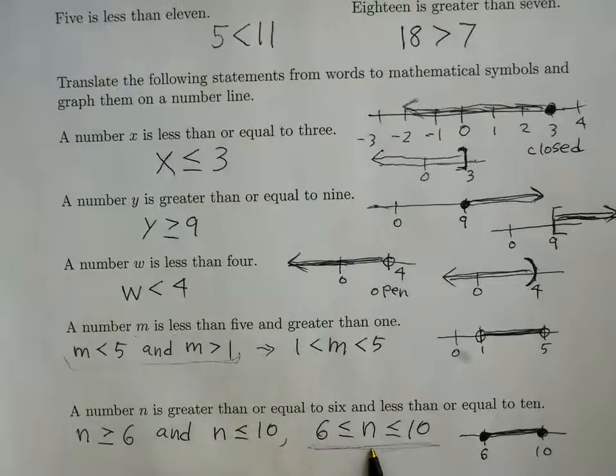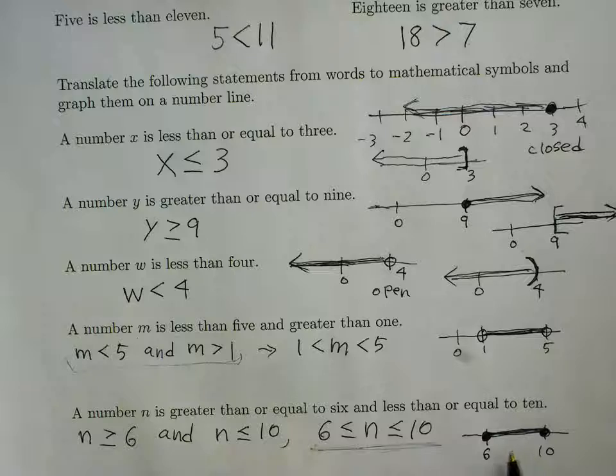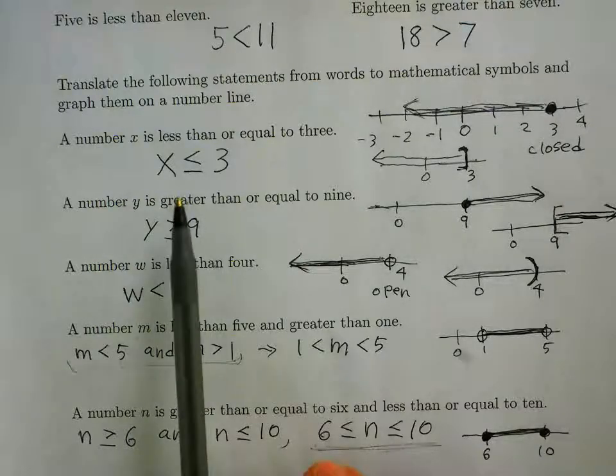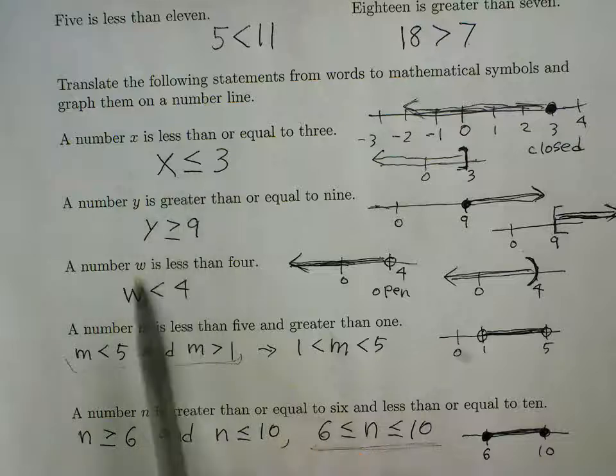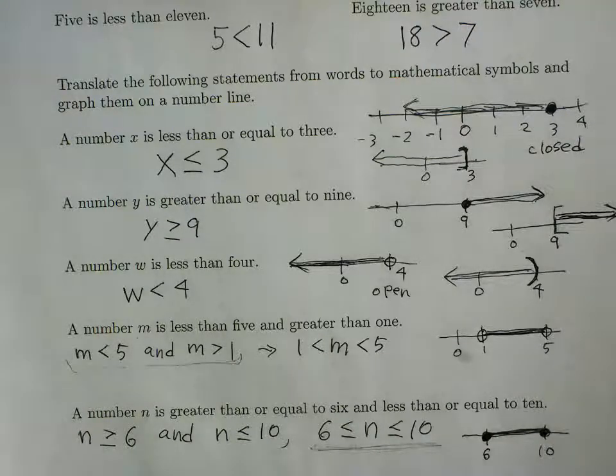So n is a number, any number that's between 6 and 10, which could include 6 or 10. Okay, that's sort of an intro to the symbolic representations and the graphs of inequalities.